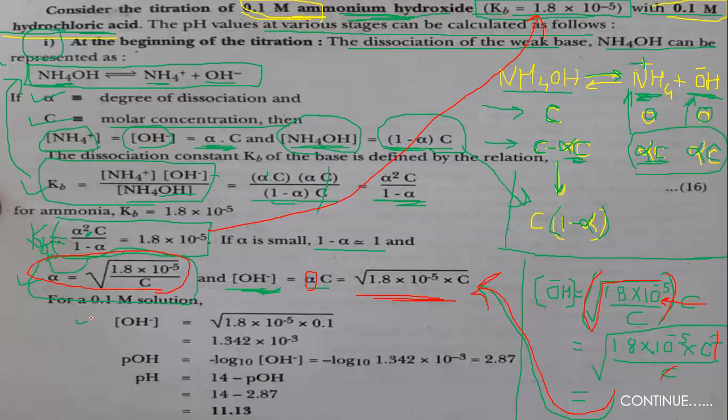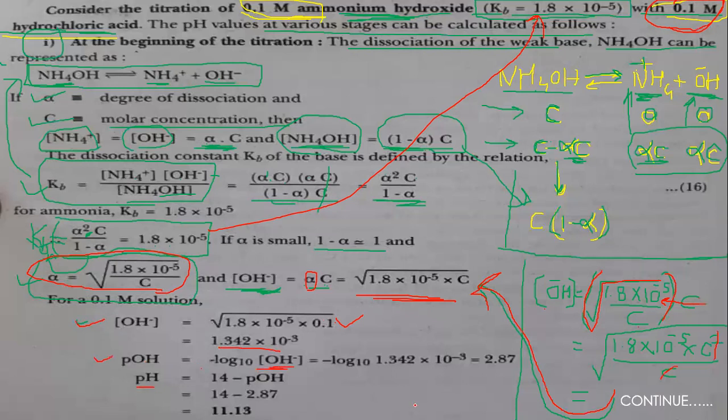Now see here. OH minus ion is equal to, put the concentration value. You know the concentration now. That is 0.1, that we have seen at the right hand upper side, 0.1 molar. Put the value of OH minus ion, so you will get this answer. Therefore, pOH is equal to negative log of OH minus ion.